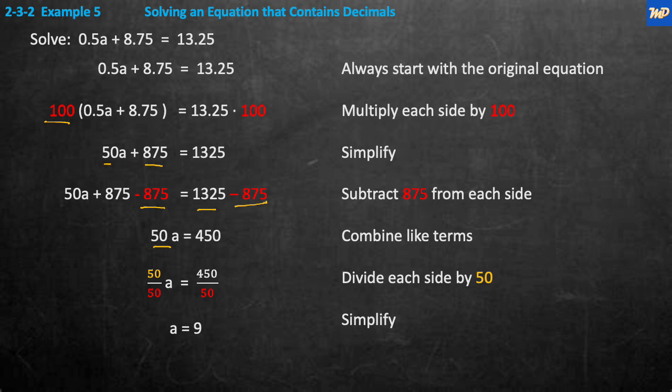We divide both sides by 50 to get the a by itself. 50 divided by 50 is positive 1, and 450 divided by 50 is 9. So a equals 9.